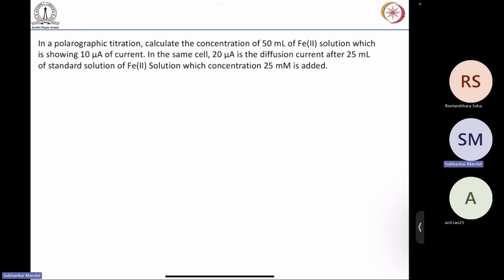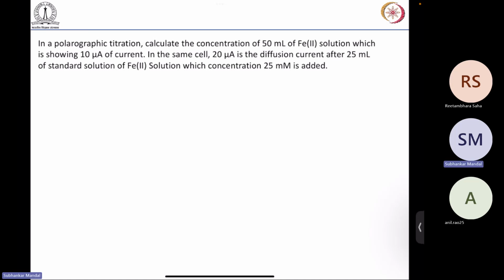Okay, so next question we can discuss. In a polarographic titration, calculate the concentration of 50 ml of iron solution, which shows 10 microampere of current. In the same cell, 20 microampere is the diffusion current after 25 ml of standard iron solution, whose concentration is 25 millimolar, is added.